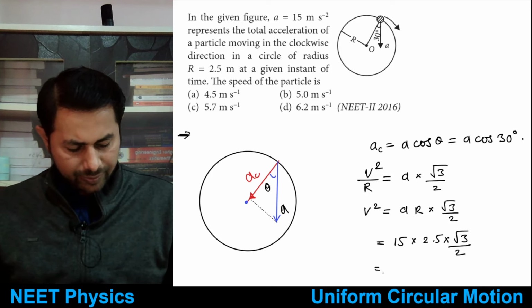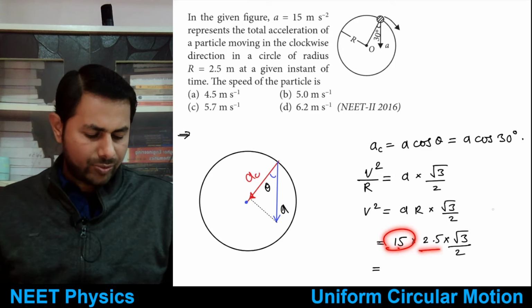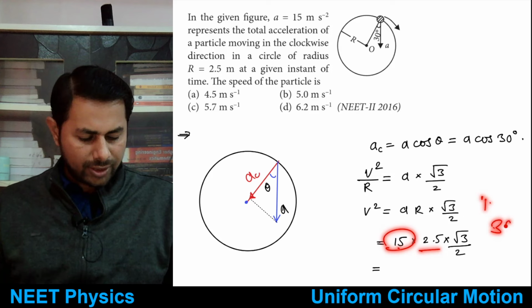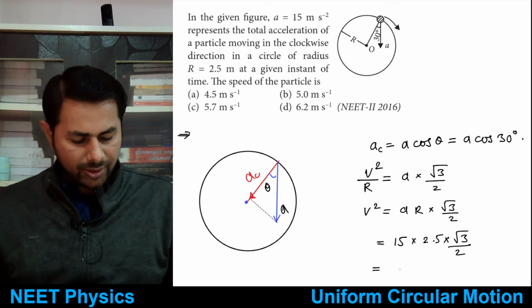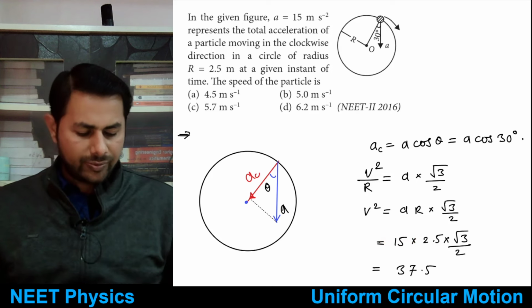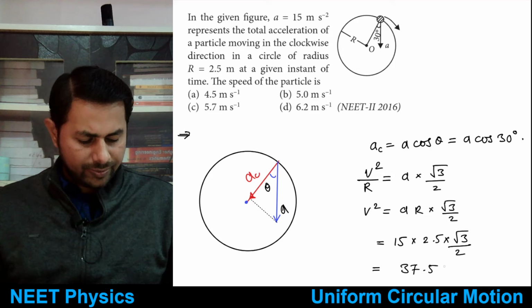Okay. So, then you have 15 times 2.5. So, 15 times 2 is 30, and 30 and 2.5, so 37.5, right, 37.5, and then you have multiplied by root 3 by 2.